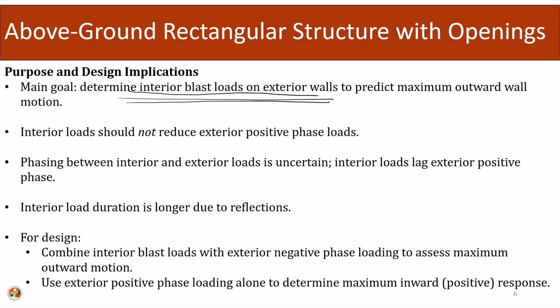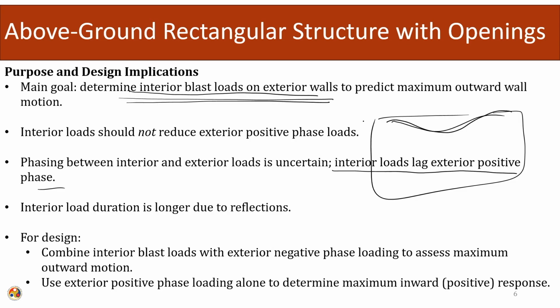Normally, the interior loads lag the exterior positive phase. So, the interior load comes behind the exterior positive phase. The exterior loading might do this, and once this effect has subsided, the interior load might do this.